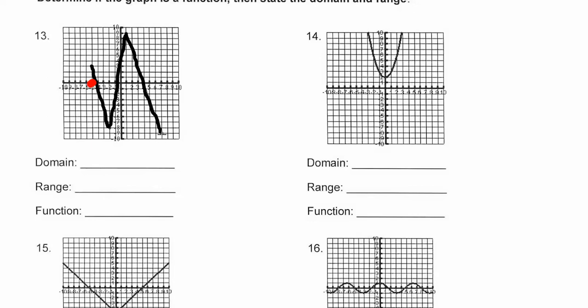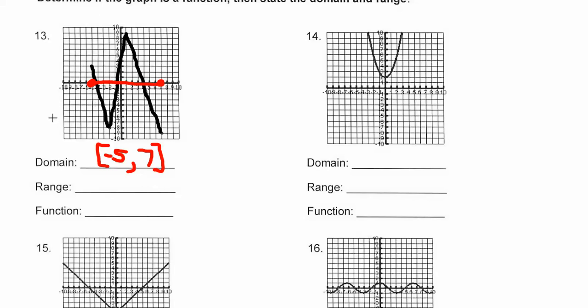Then you go all the way to the right-hand side and smash it, in this case up to the 7, and the domain is everywhere in between because this is a continuous function. So the lowest value was -5, the highest value was 7. Now, because both of those dots were solid, we put square brackets on each one.